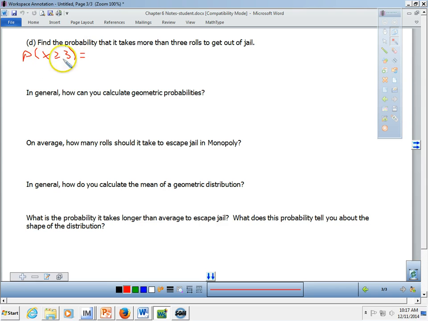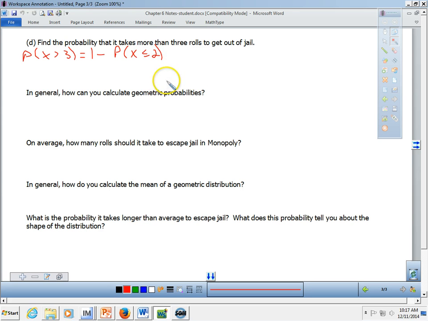So finding the probability of this directly becomes too tough. It's impossible. So what we do instead is look at it from a complement standpoint. This probability is the same thing as taking the complement and subtracting it from 1. What's the complement of it taking more than 3 rolls to get your first doubles? Well, the complement of that is that it takes 2 or less.